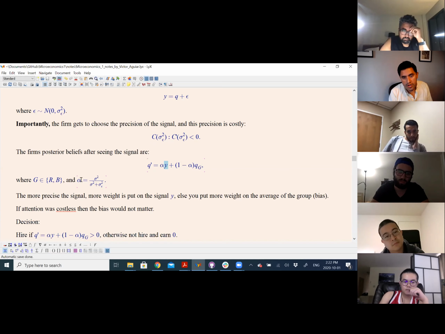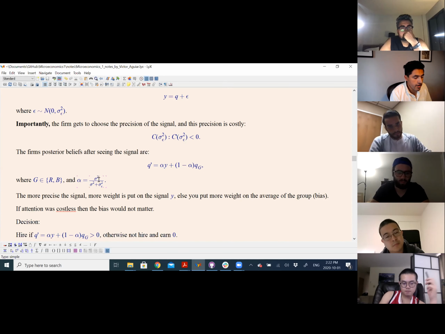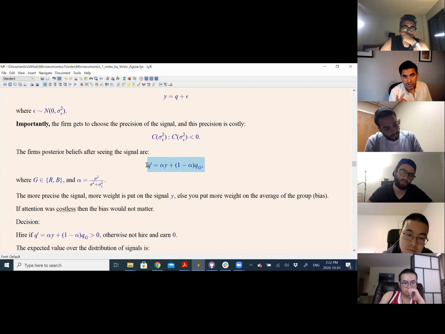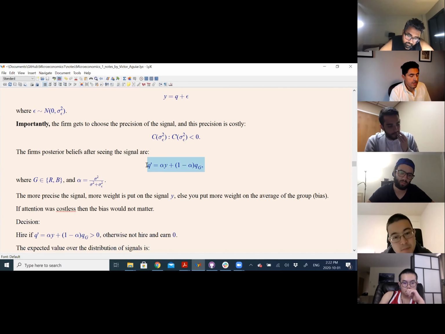We're using the notation differently here so you don't confound it with the previous example, but it follows the same skeleton. Alpha is sigma squared over sigma squared plus sigma epsilon. It's the attention. We're now going to call it alpha just because of a different example. After processing information, this is what the firm expects to earn if they hire this person. So what is notable about this?